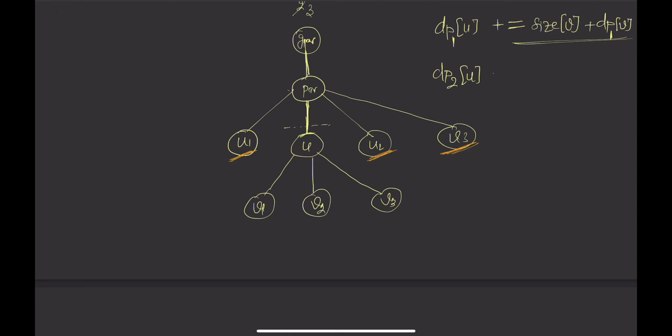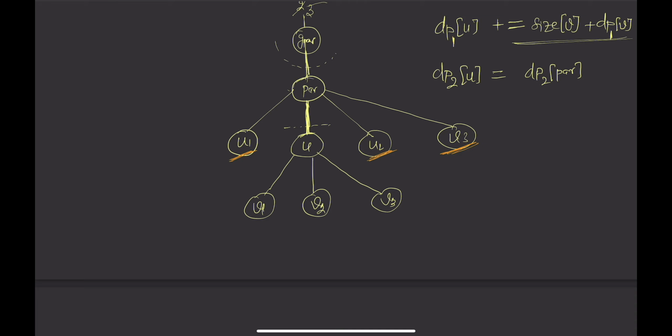I think dp2 of u can be written as dp2 of parent, that was from here. But since a distance of one is getting added to all of these, how many nodes are there apart from the subtree of the parent?